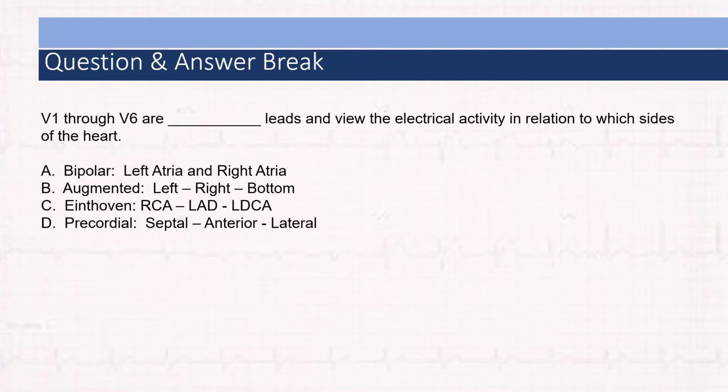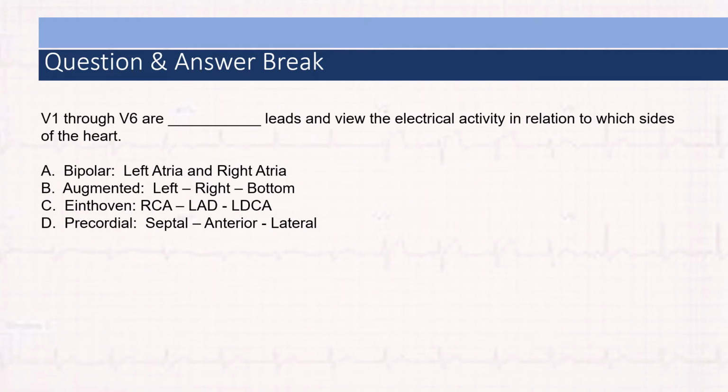V1 through V6 are blank leads, and view the electrical activity in relationship to which sides of the heart? A, bipolar, left atria and right atria. B, augmented, left, right, bottom.